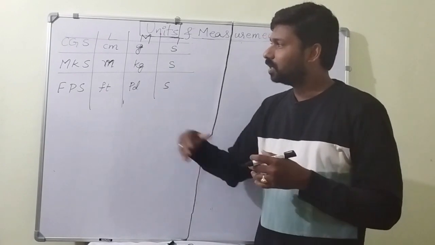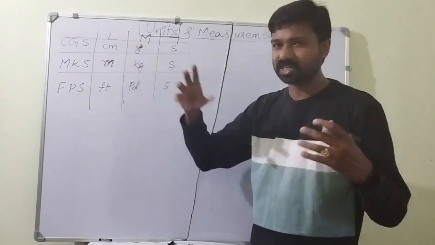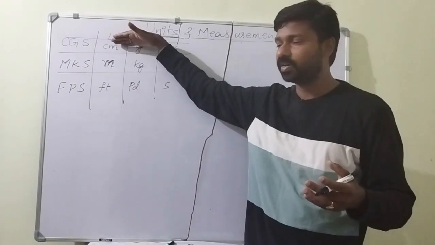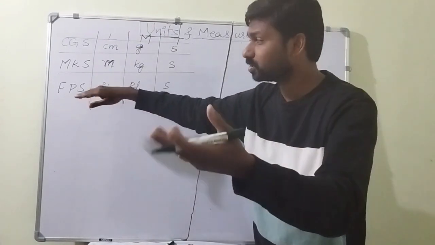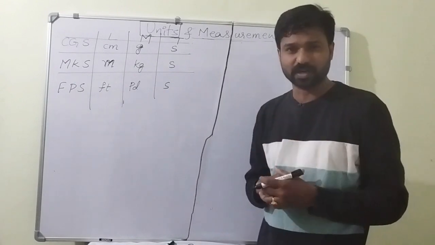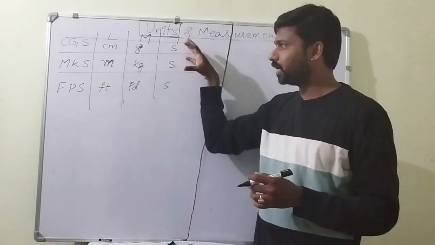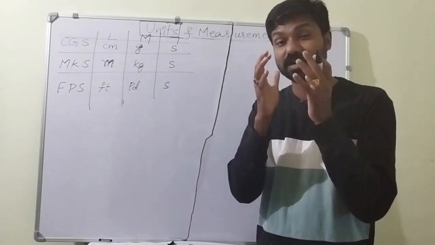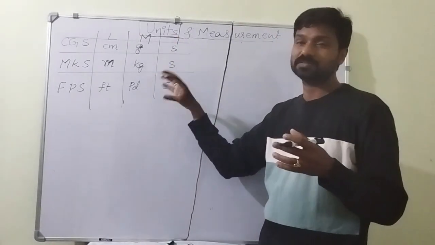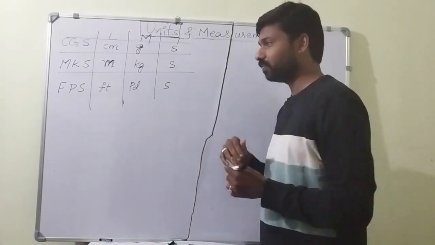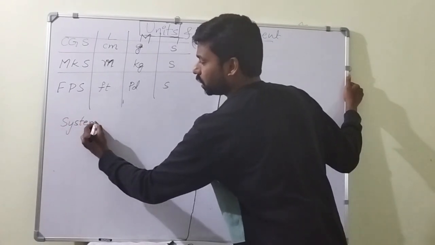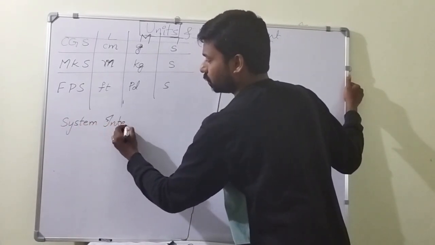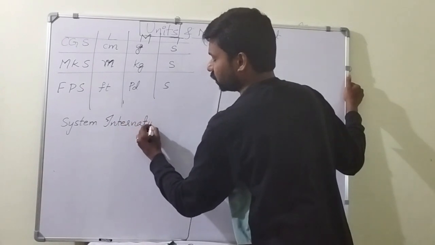For example, a person who has done all his experiments in centimeter, conveying them to a scientist who is using the FPS system, will become slightly difficult. So combining all these three, we have made one common system for length, mass, time, and so on. That one we call System International.